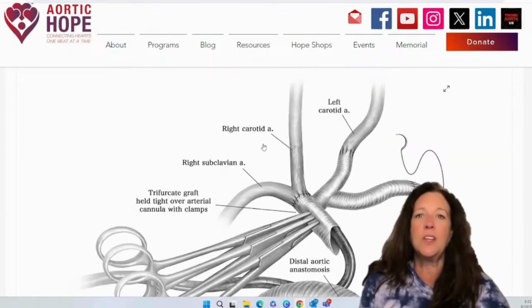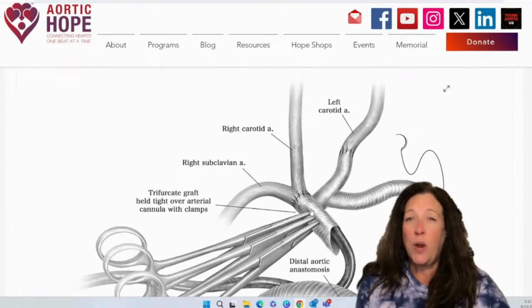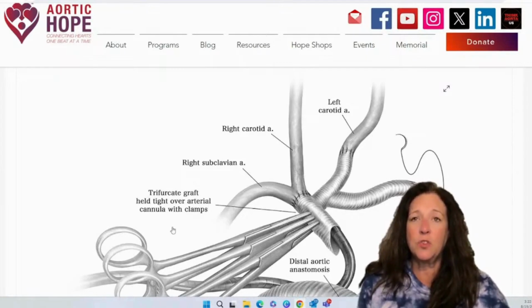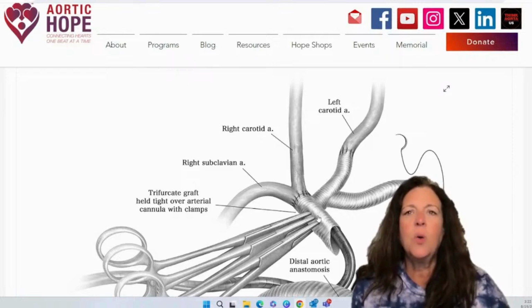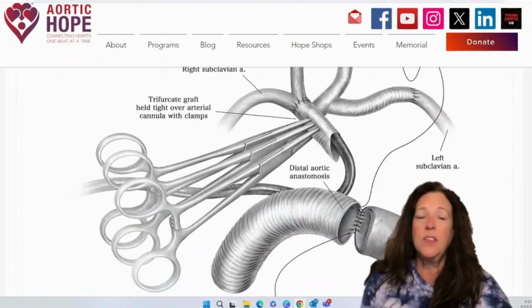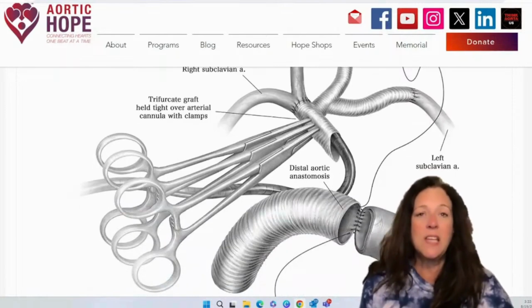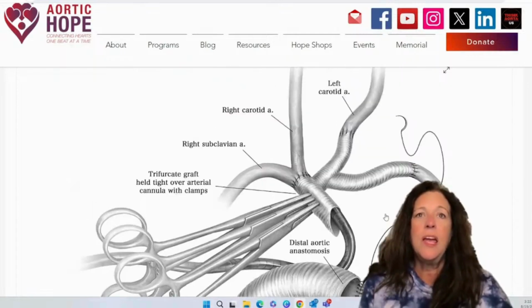All right. There's a lot of words here. I'm going to try to explain what's going on. This is a trifurcate graft, which probably means it goes out into 3 vessels, held tight with over arterial cannula with clamps. So it is clamp. Distal aortic anastomosis. This is where the graft is actually being attached to our tissue, to our actual tissue.